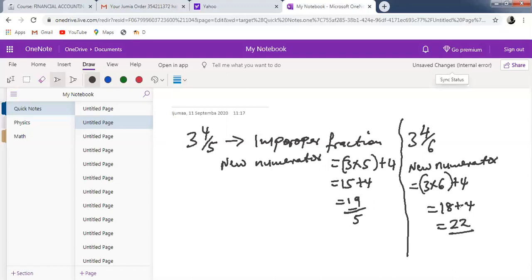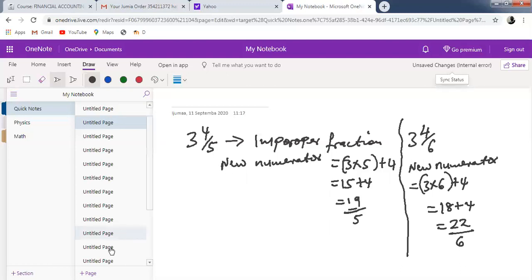Then the old denominator, which was 6, remains the denominator for that improper fraction. So basically, that is how we convert a mixed fraction into an improper fraction, which is very applicable when we are operating fractions, because it becomes hard to operate fractions when they are in a mixed form.